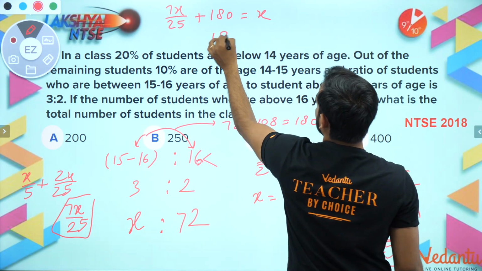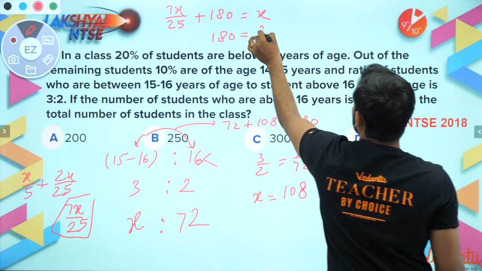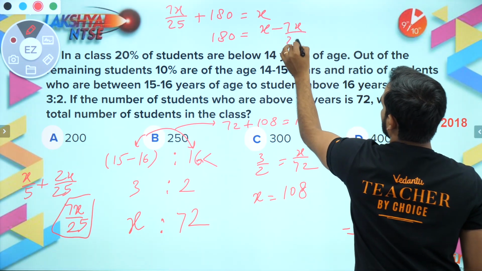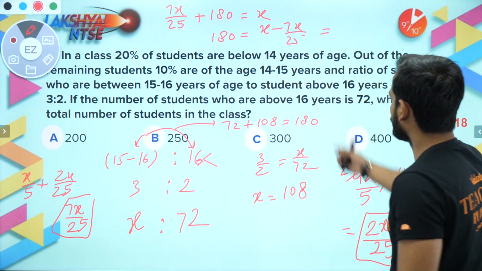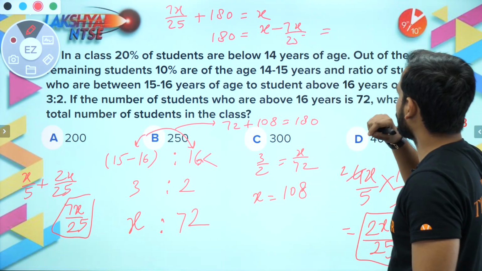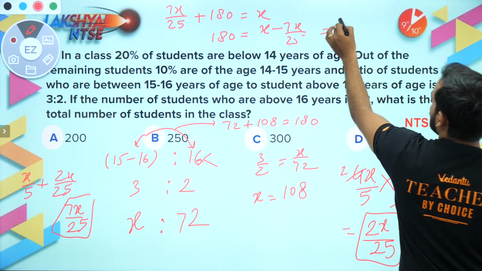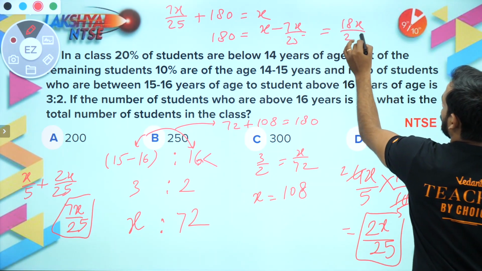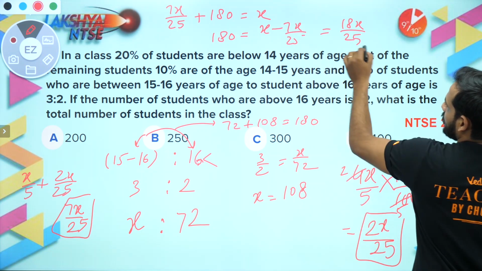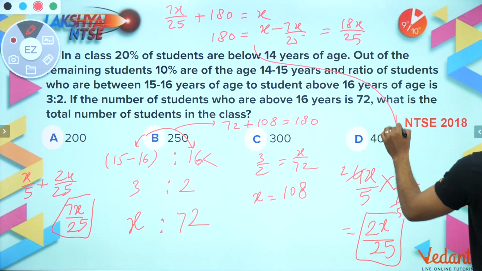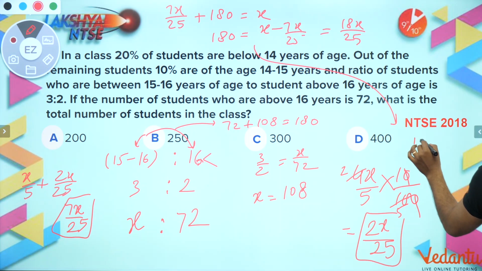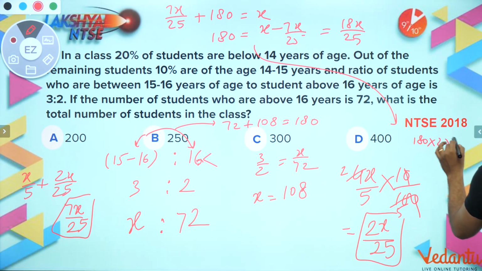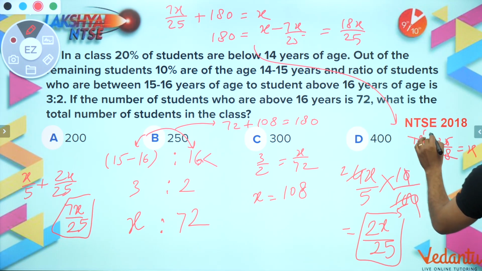Shifting, you get 180 is equal to x minus 7x by 25. If you take LCM here, 25 minus 7, 18x by 25 is equal to 180. So from here, to solve, at the end 180 into 25 by 18 is equal to x. So you will get 250.